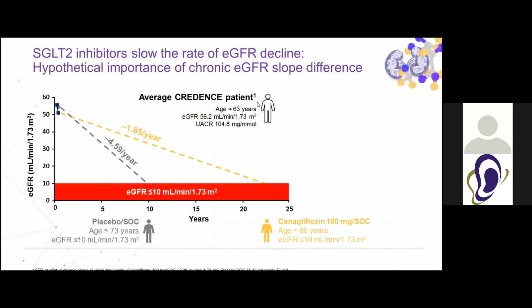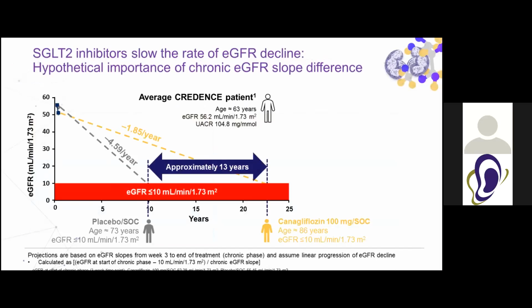If you were in the CREDENCE study, the average patient who was 63 when they entered had a slowing of their rate to about 1.85 per year, which means that they gained about 13 years before their GFR got very low. And which means that they don't reach that 10 until they're about 86.